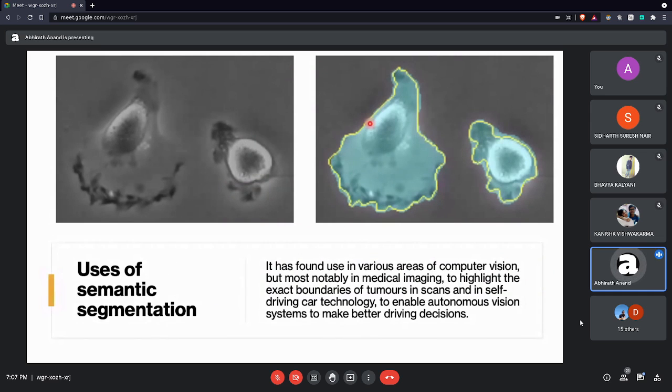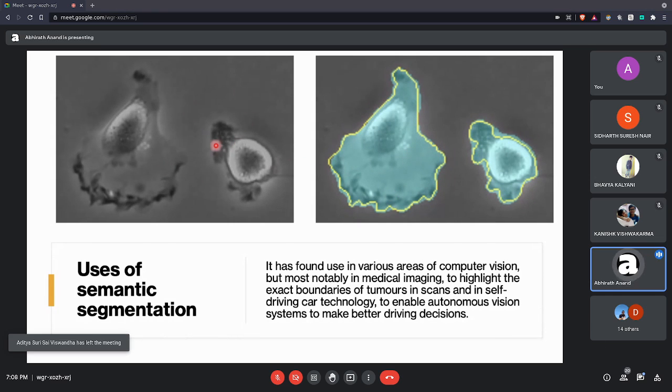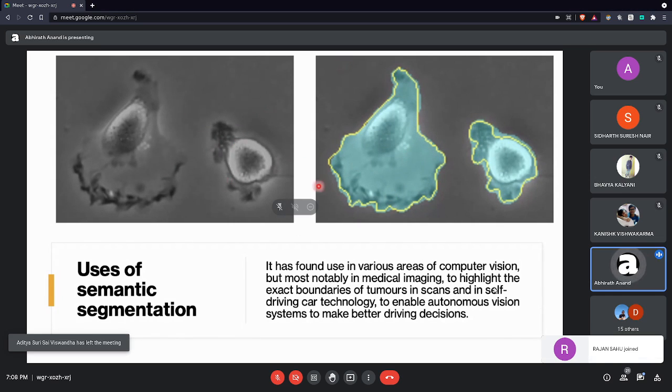This is used in a variety of places. We already saw one, autonomous vision systems to make better driving decisions. The other one that it's found a lot of usage in is biomedical imaging. For example, this is taken from the original U-Net paper. This is cell tracking: given an image, find out where the cells are and draw a border around them.